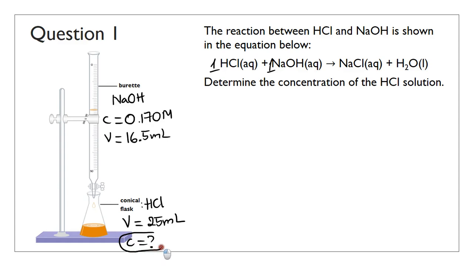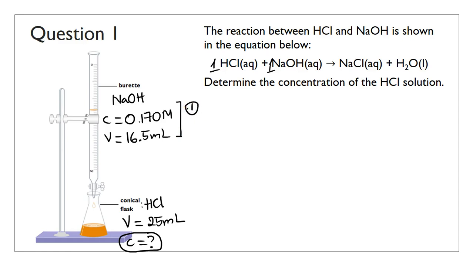Okay. So this is probably as simple as it gets when it comes to a titration experiment. You're given the concentration and volume of sodium hydroxide, you know that a complete reaction has occurred between sodium hydroxide and hydrochloric acid, and you need to determine the concentration of the hydrochloric acid. So step one is finding the number of moles of sodium hydroxide that has reacted.